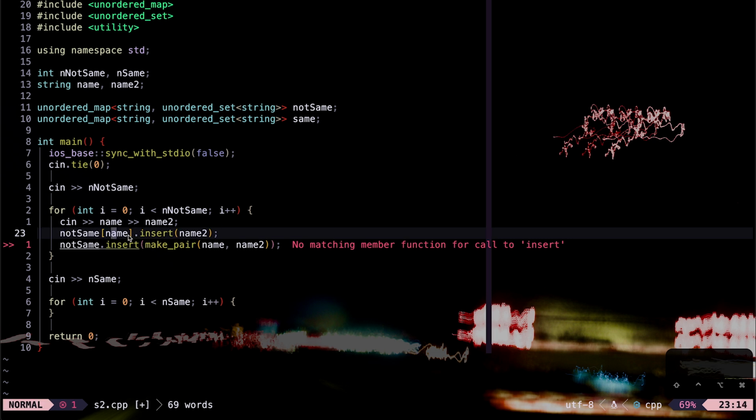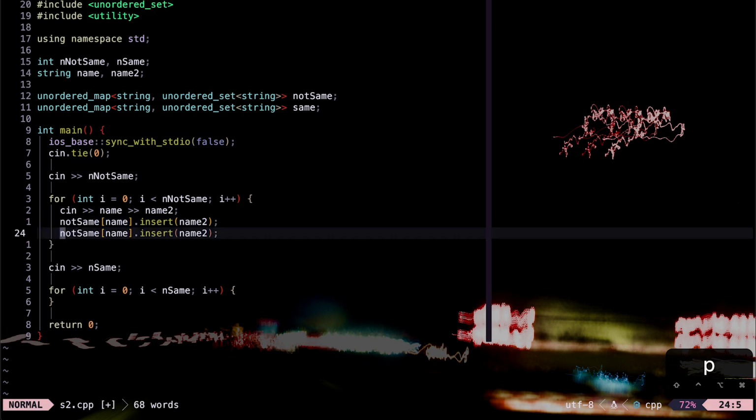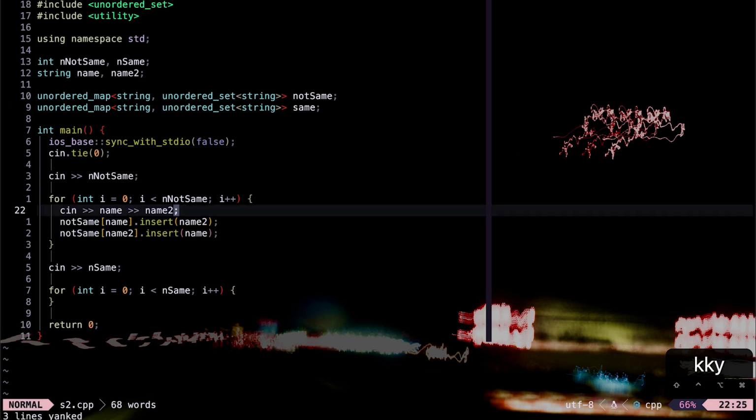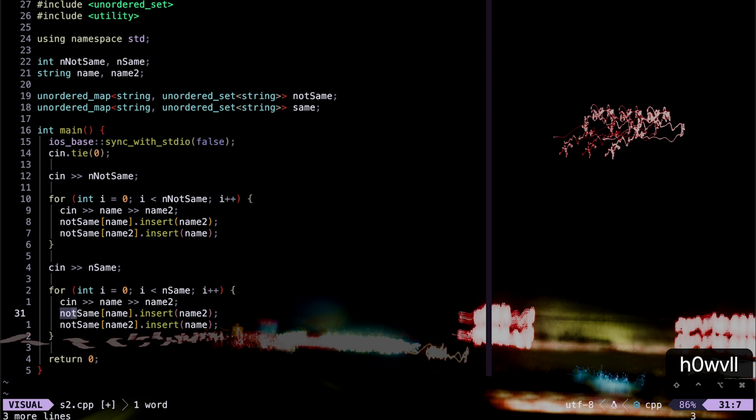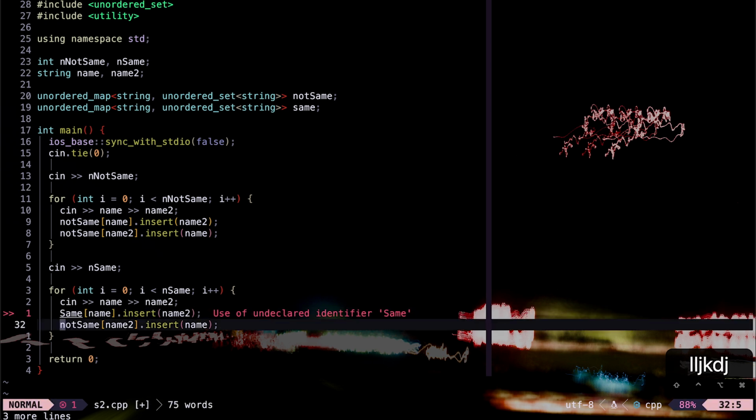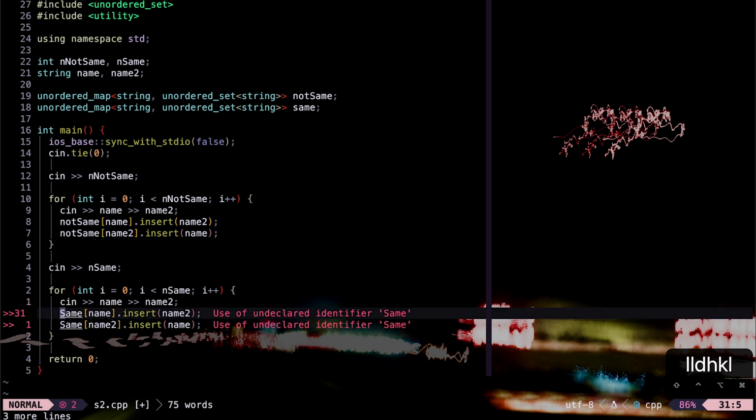Because if we use this, it should just create the pair if it doesn't exist, right? So okay, I think we can. Obviously we have to do the same thing the other way around, and we're going to do the same thing for the same.